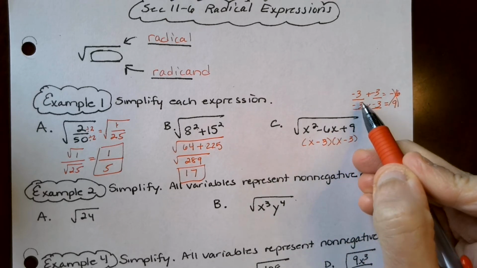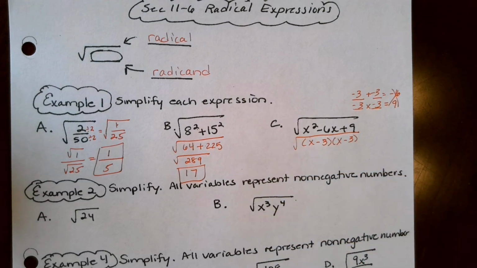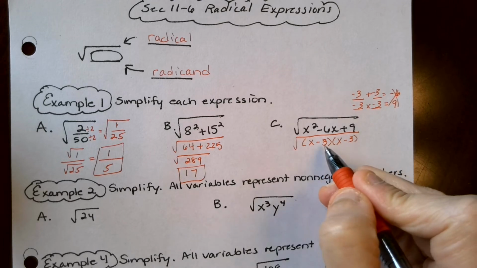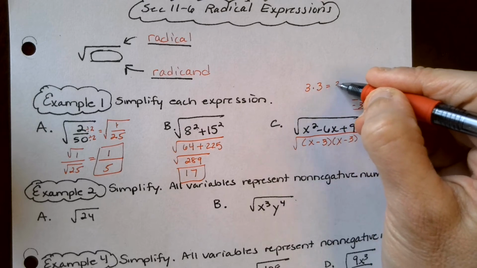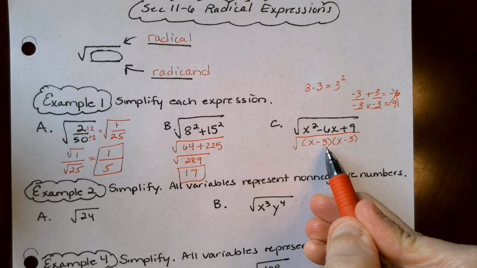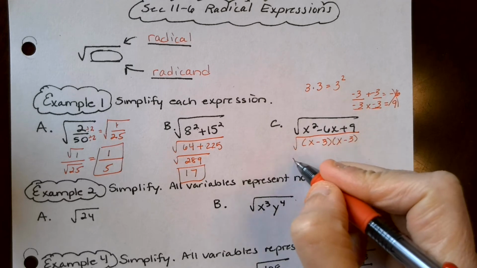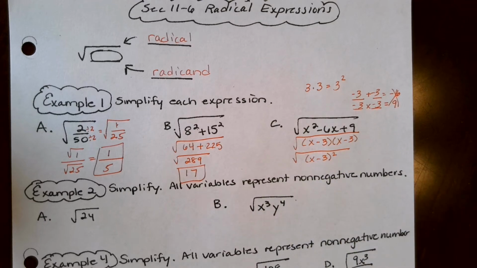Because remember, we use those numbers. And you might look at that and go, okay, but that doesn't really do much for me right there. But if I have a 3 times a 3, isn't that the same as a 3 to the second power? So if I have x minus 3 times an x minus 3, that is the same as an x minus 3 to the second power, isn't it?